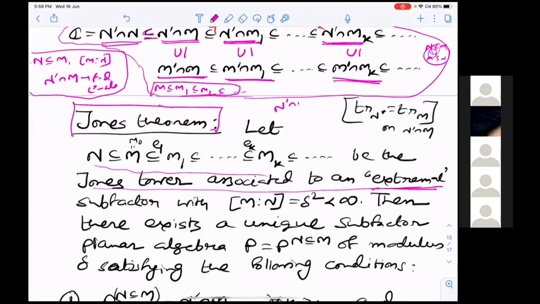N' is also a II_1 factor, and M is also a II_1 factor, right? That means there exists a unique trace on N', and we also have a trace on M. So on N' intersect M, we can take both the N' trace and restrict it to N' intersect M.